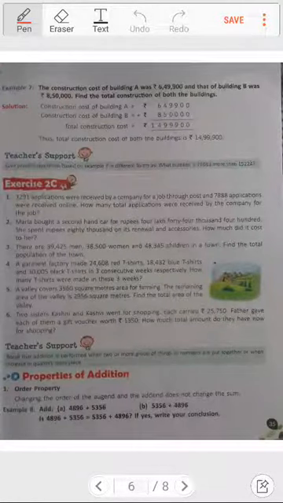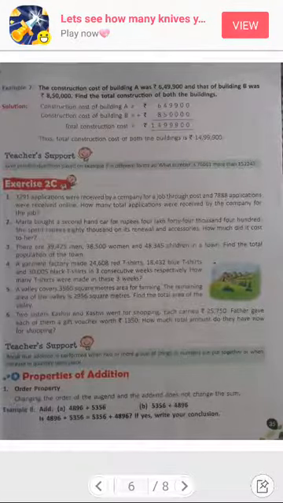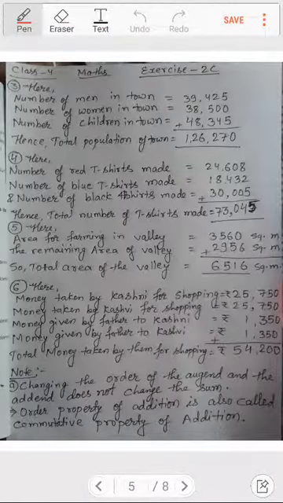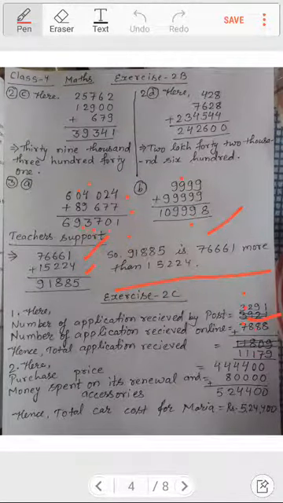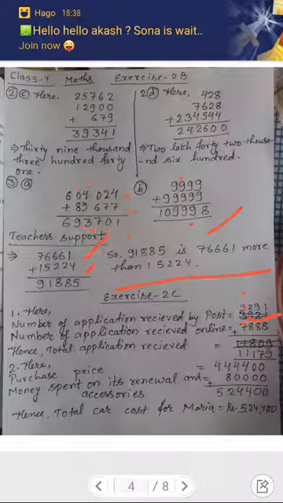Now let's see the next question, question number 2. Maria bought a second hand car for rupees 4,44,400. Then she spent rupees 80,000 on its renewal and accessories. How much did it cost her? You have to write the total cost. When anyone buys and then spends on repairing, the repairing is also considered part of the cost.